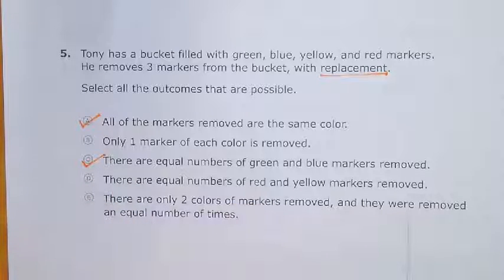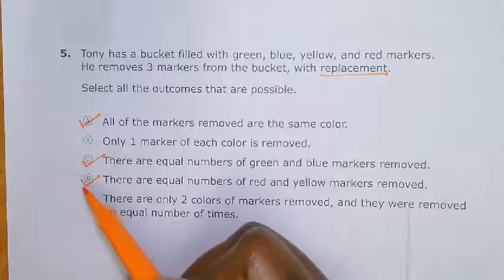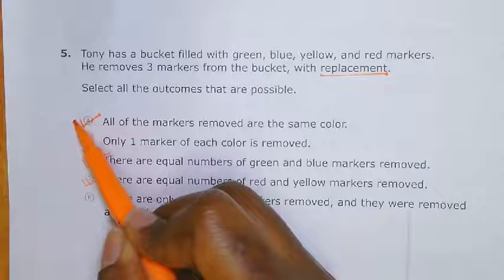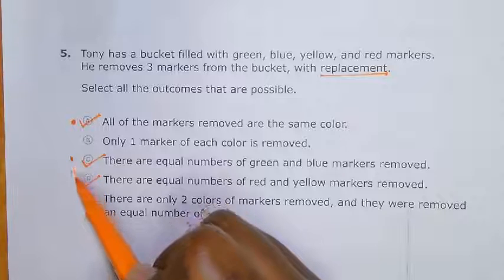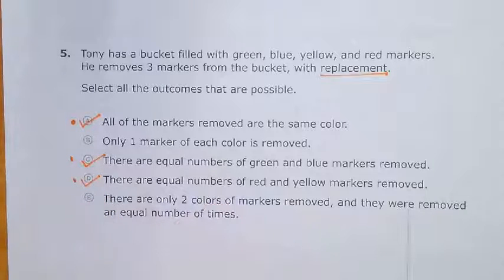D says there are equal numbers of red and yellow markers removed. That's one of our choices. Then there are only 2 colors of markers removed, and they were removed an equal number of times. No. So our three choices would be A, C, and D. So those are our choices.